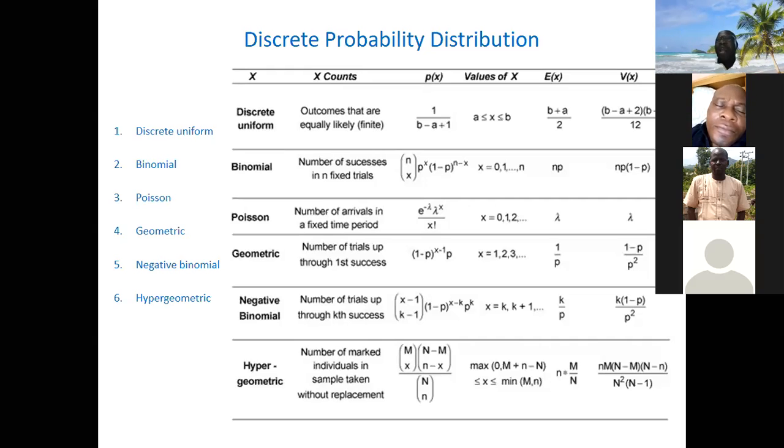You attend, what do I call it? A particular conference every year for 10 consecutive years. So you are talking of a fixed number of times. Or maybe you toss a die 60 times or 100 times.